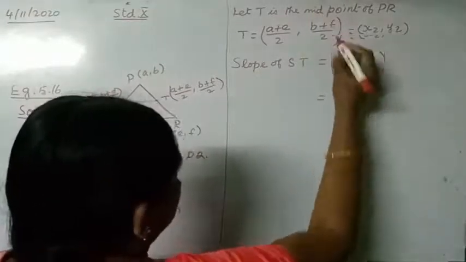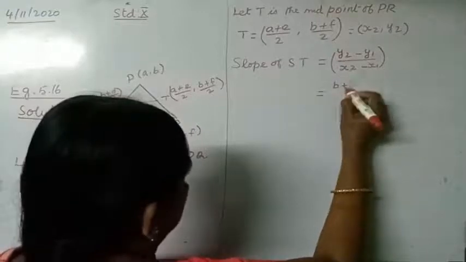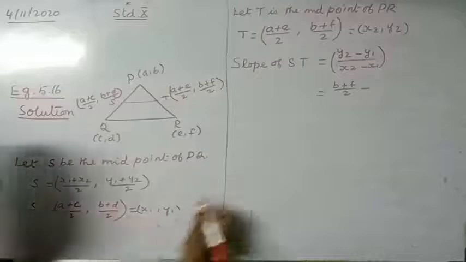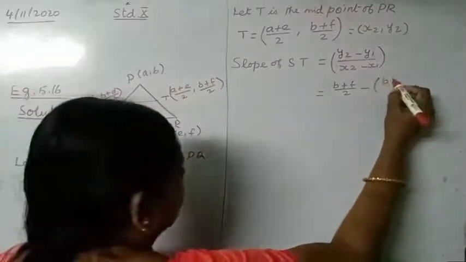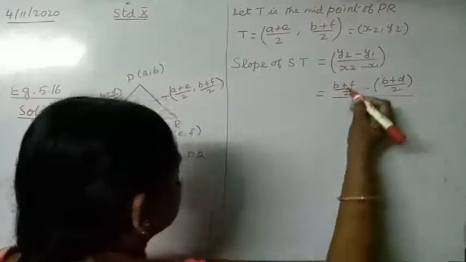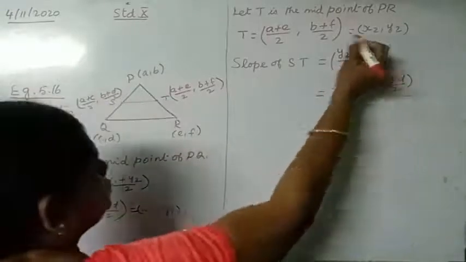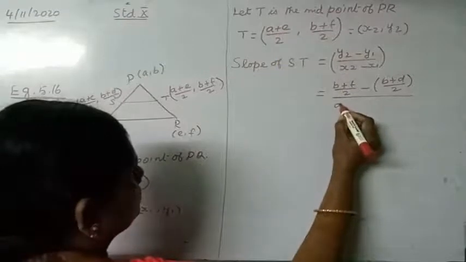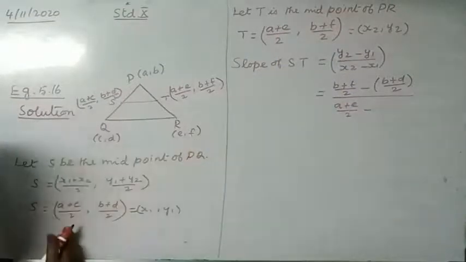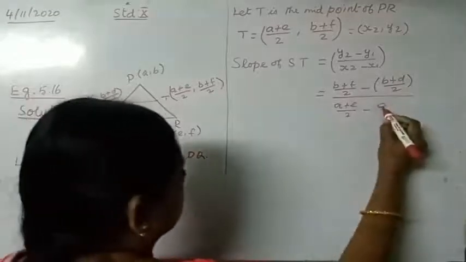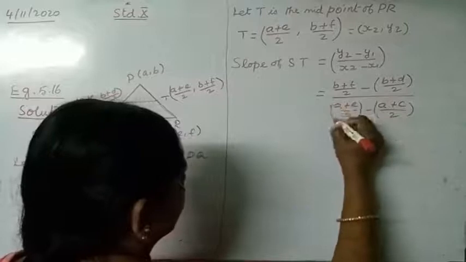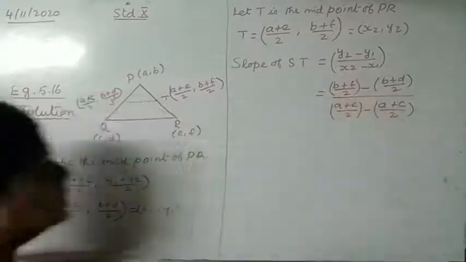y2 is b plus f by 2, minus y1 which is b plus d by 2. So take a bracket and write b plus d by 2, divided by x2 minus x1. x2 is a plus e by 2 minus x1 which is a plus c by 2. Put brackets correctly for everything.